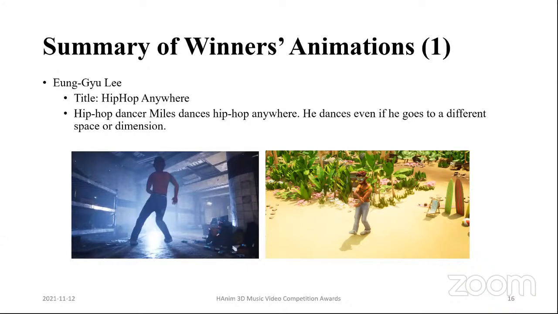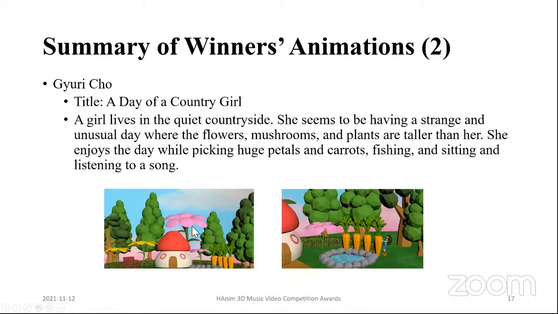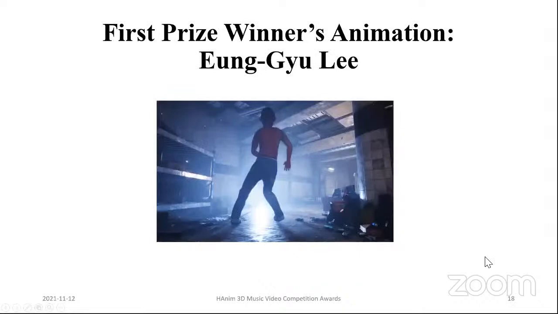This is the scenario of Eun-gyu Lee's animation. His animation is about a hip hop animal. And next, this is the scenario of Gyuri Cho's animation. Now we will see the animation videos of the two winners. First is the animation by Eun-gyu Lee, entitled Hip Hop Anywhere.